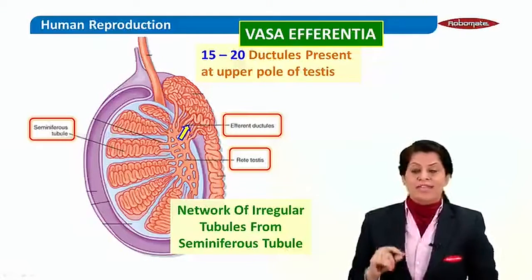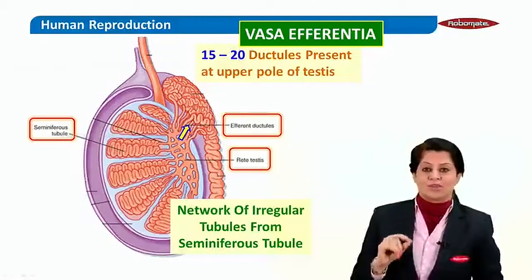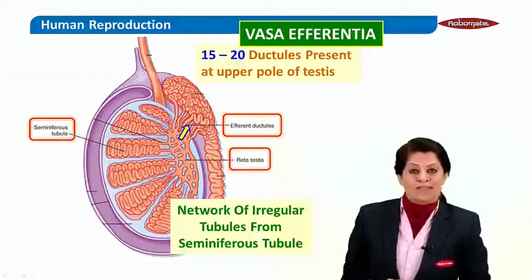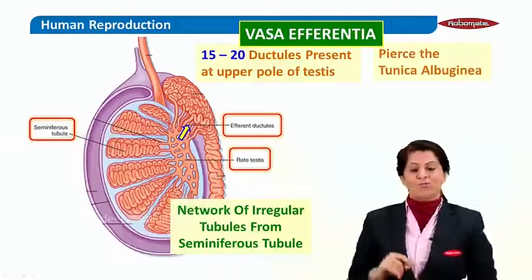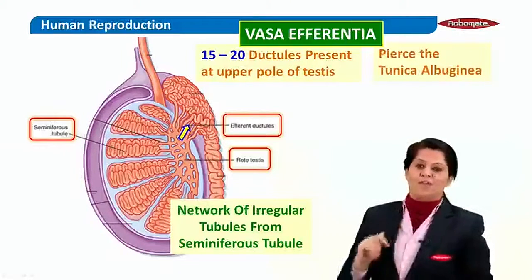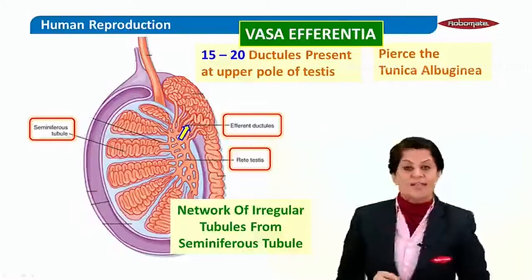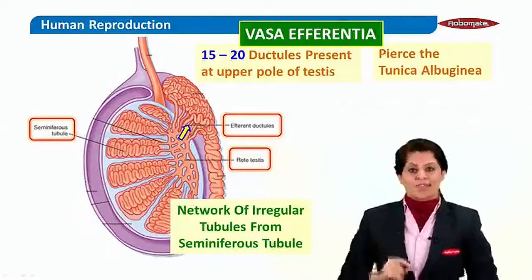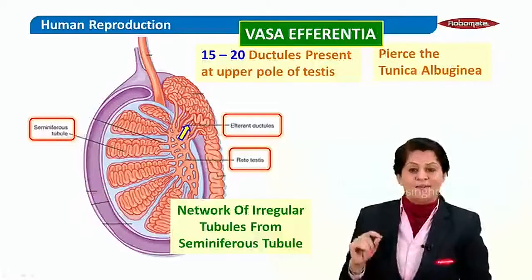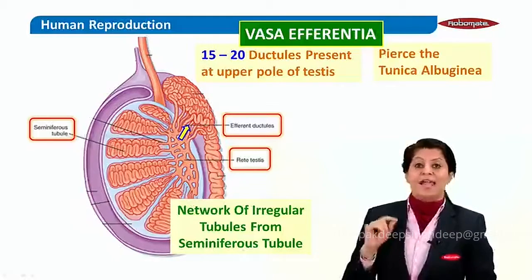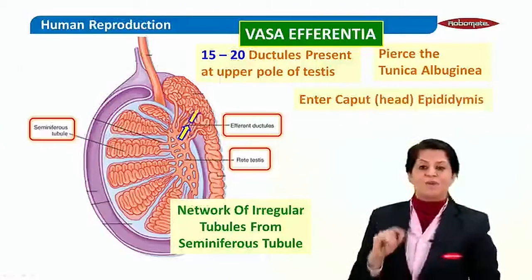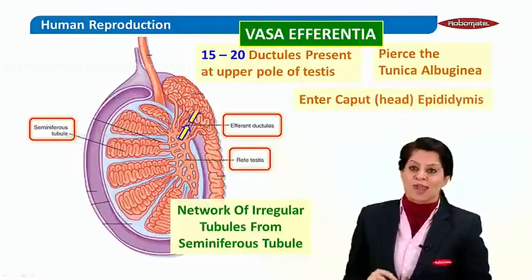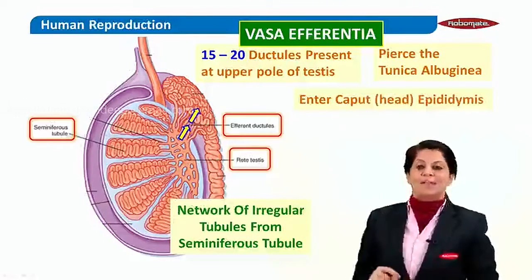Now these efferent ductules or vasa efferentia, students, pierce through the outer covering of the testis, which is called tunica albuginea, and from here they enter the head part of epididymis, and the head of epididymis is called caput epididymis.